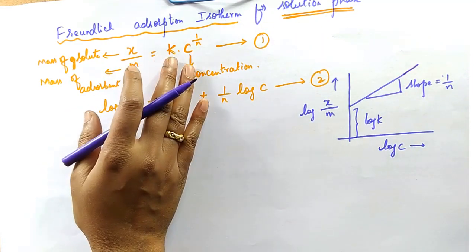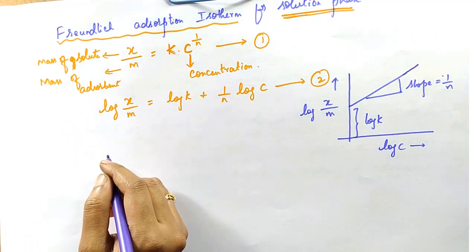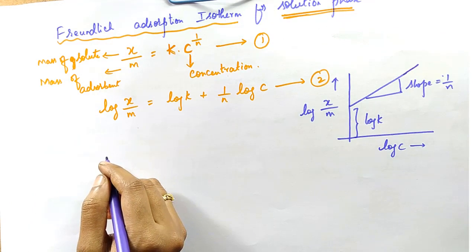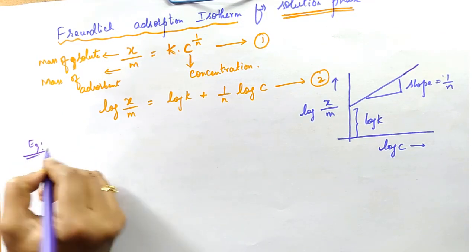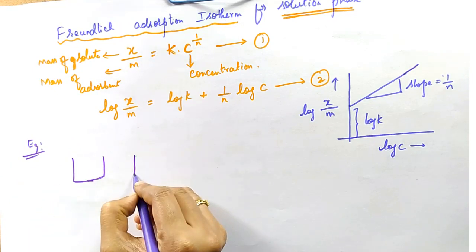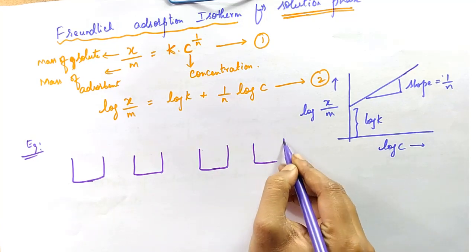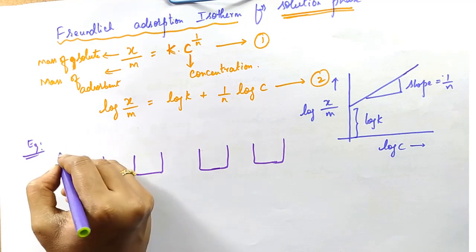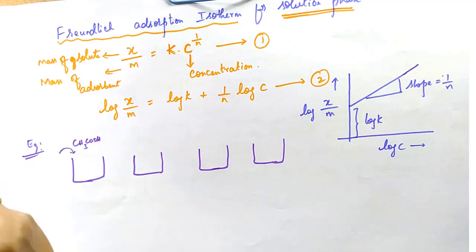So, this can be tested experimentally by taking a solution of different concentrations in equal volume. Let us do an experiment. Just take an example for that. Let us take 4 beakers and add acetic acid solution. Let us change the concentration of our solution.